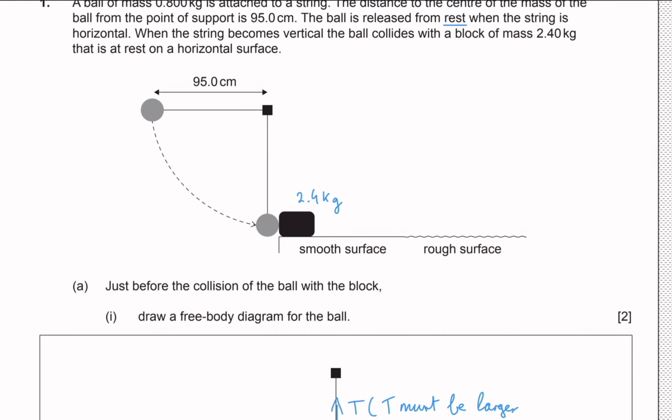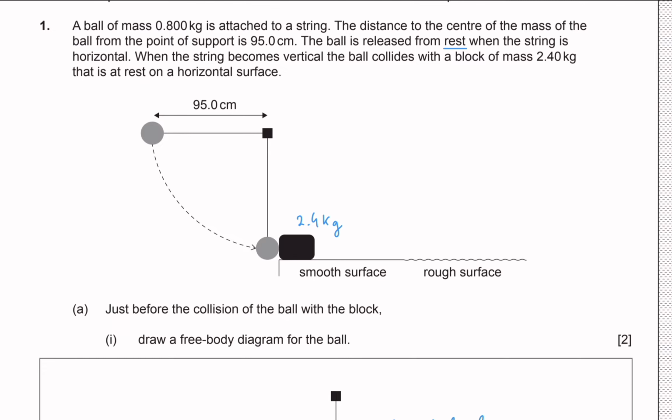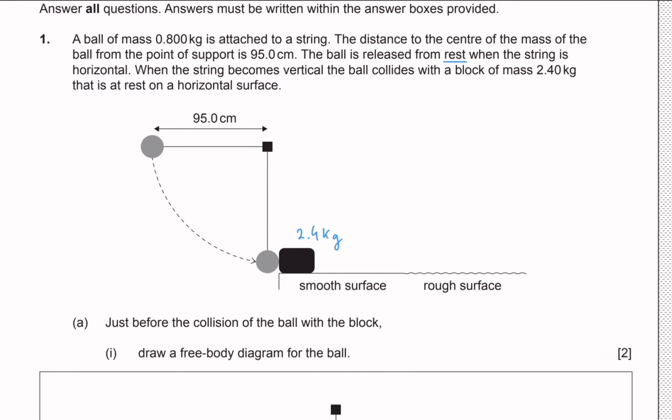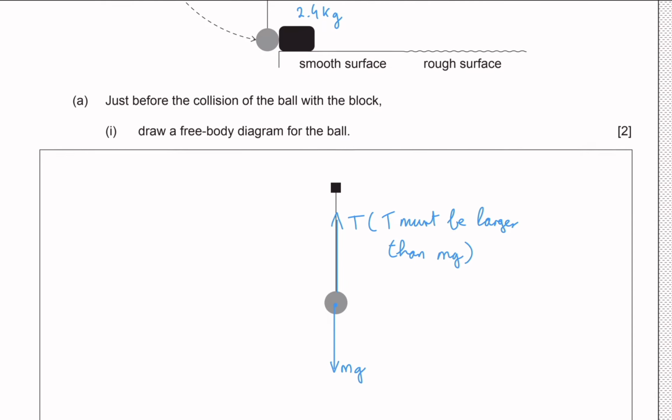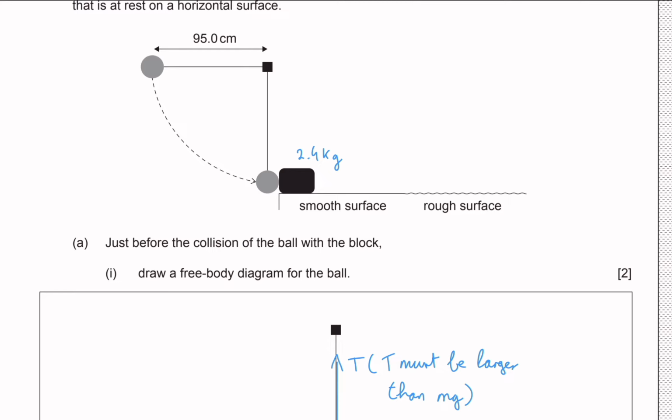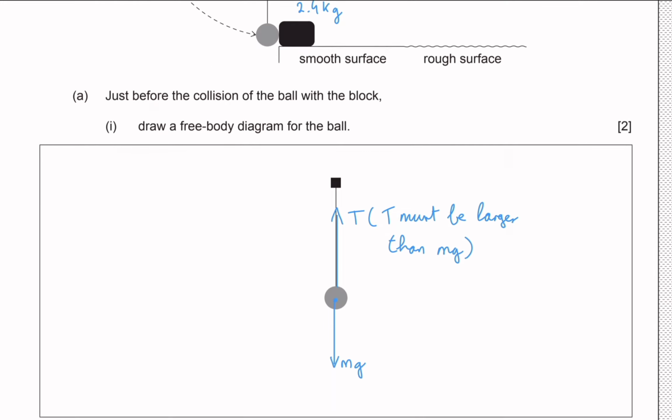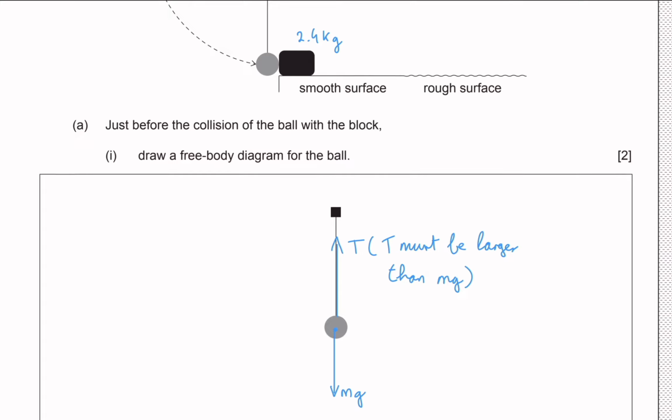Since it moves in this circle, there must be a centripetal force, and the centripetal force is provided by the tension force. So for there to be a centripetal force when it's vertical, the upwards force must still be larger than the downwards force, so that the net force will point towards the center of the circle and will act as a centripetal force. And so these are the only 2 forces that we need to draw.